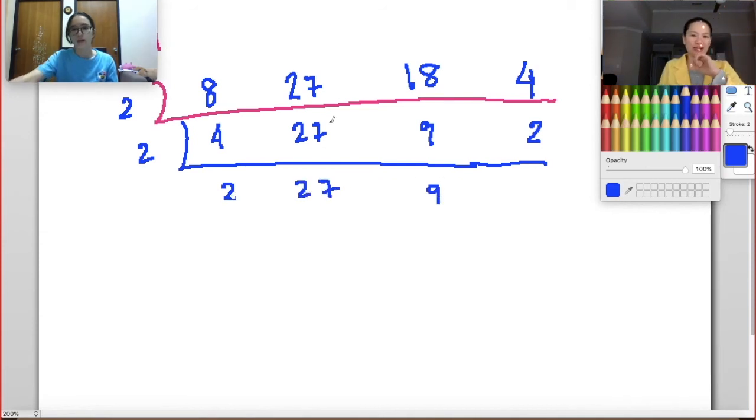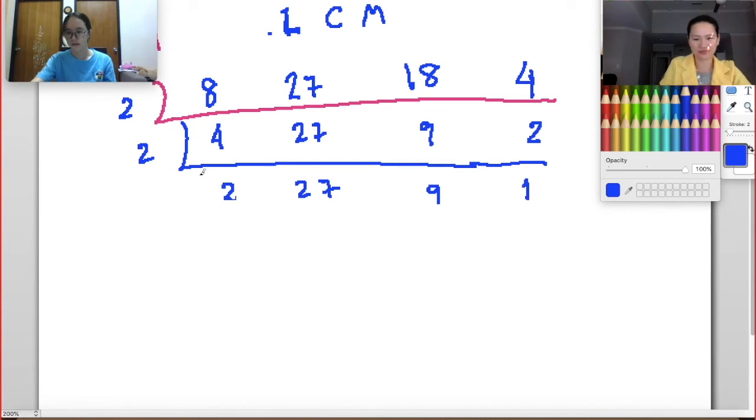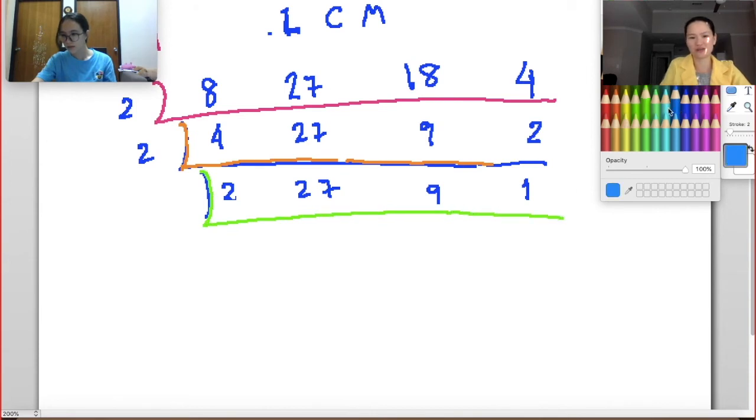If you can't divide it, remember that I'm going to teach you how to find LCM, least common multiple. If you can't divide that 27, just leave it. No, you can't. 1. Go on, next one. Here again. Here is the next one with 2 as well. Let's go. 1, 27, 9, 1.